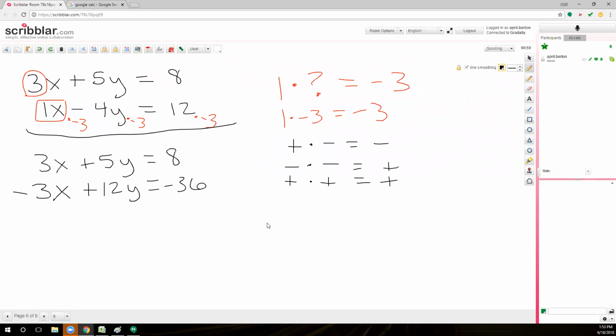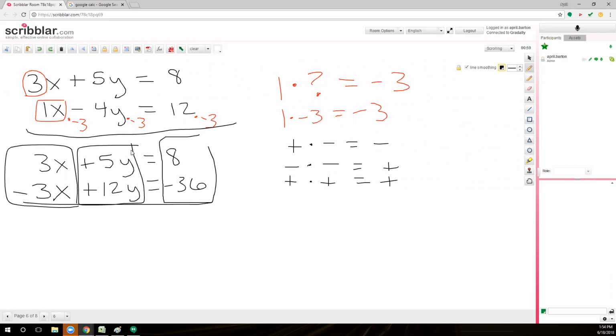Once you have that worked out, now it's the same process of what we just did. Exact same. We add together in columns. All the like terms add together. So the reason we multiplied by that -3 was to make these opposites and have them disappear. -3 and a +3, 3 minus 3 is 0.